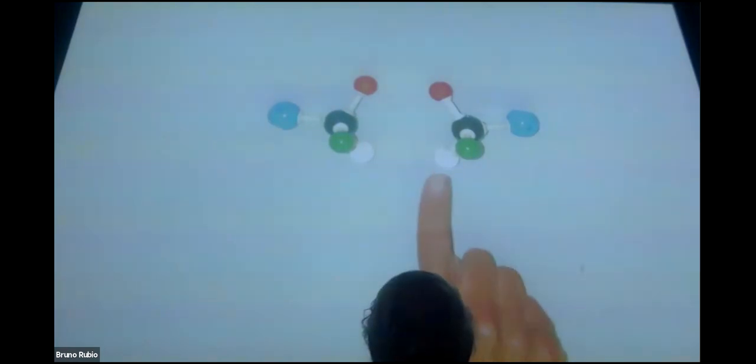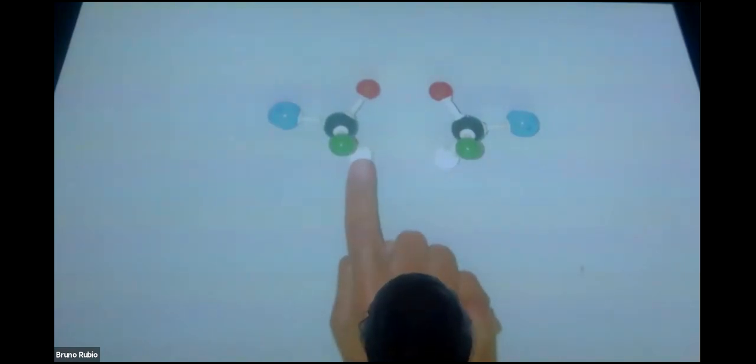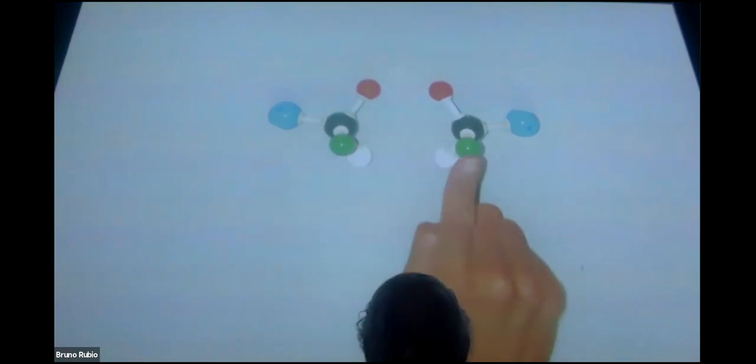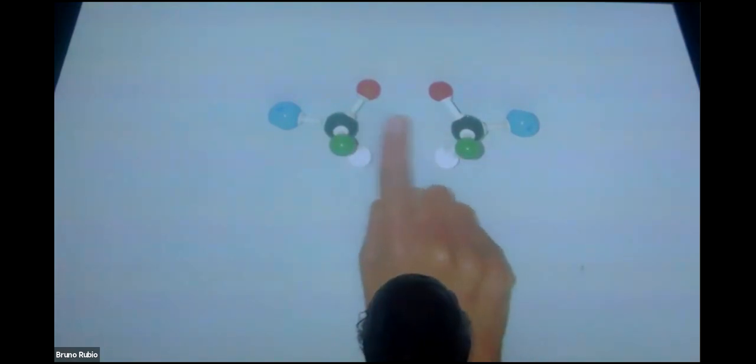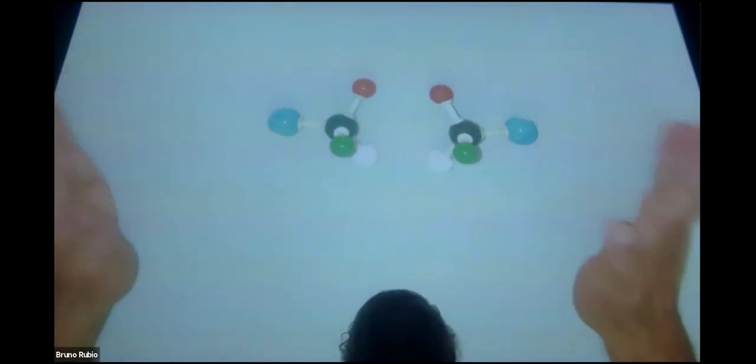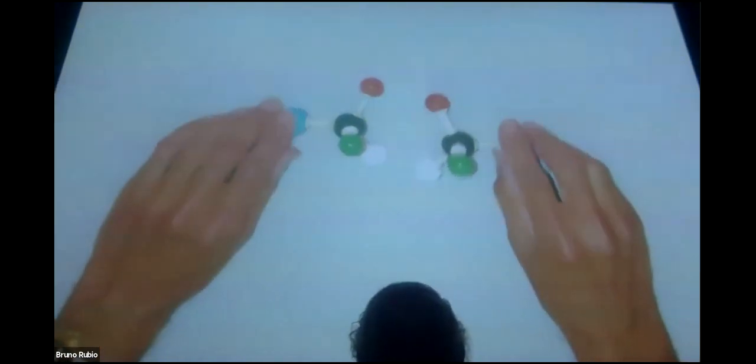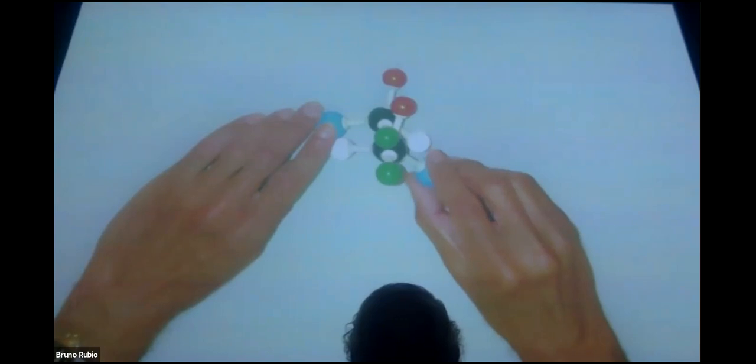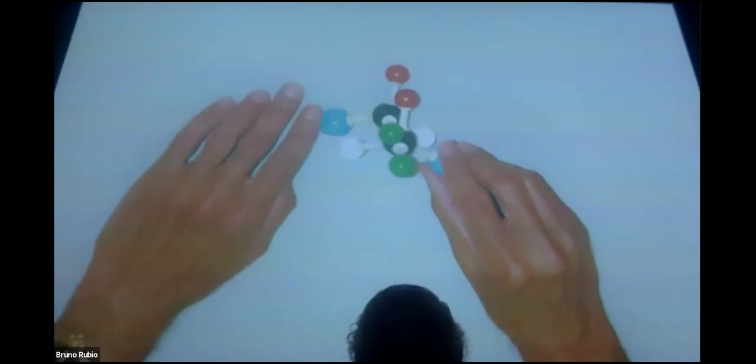Now you have the mirror right here, and this white ball is the mirror image of this white ball. This green ball is the mirror image of this green ball. The orange ball and blue ball, these are all mirror images of each other. But they are non-superimposable mirror images, as we just saw. I can get the green ball and the orange ball to match up, but I can't get the blue ball and the white ball to match up.